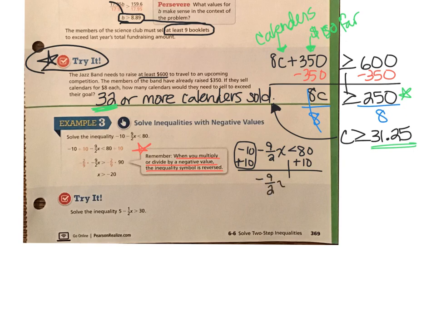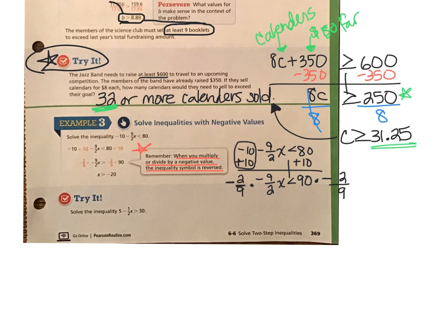So negative 9 halves x is less than 90. Now, in order to solve that inequality, I need to multiply both sides by the reciprocal value. So I'm going to flip that fraction around so that I am multiplying both sides by a negative 2/9.